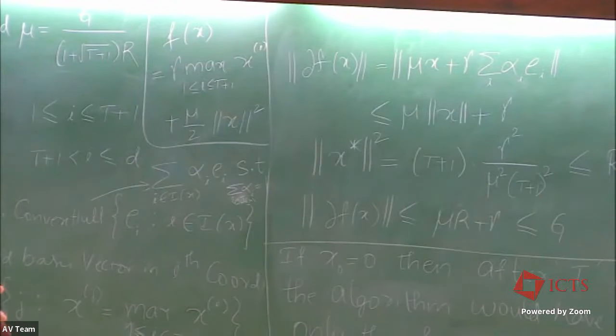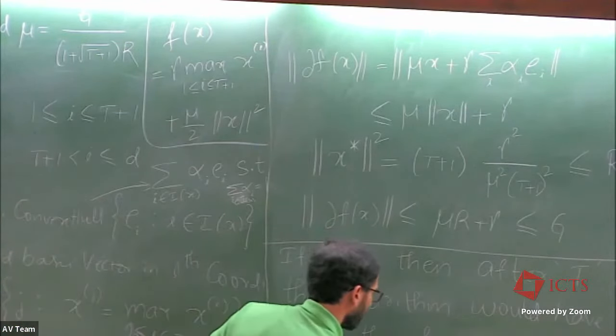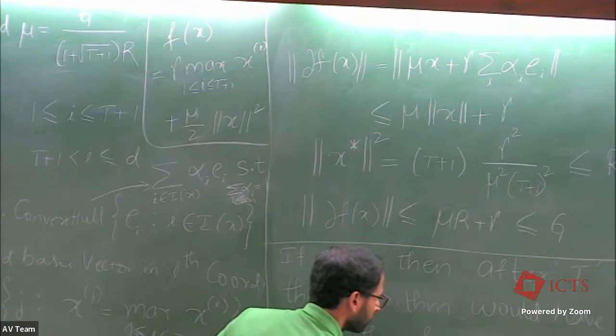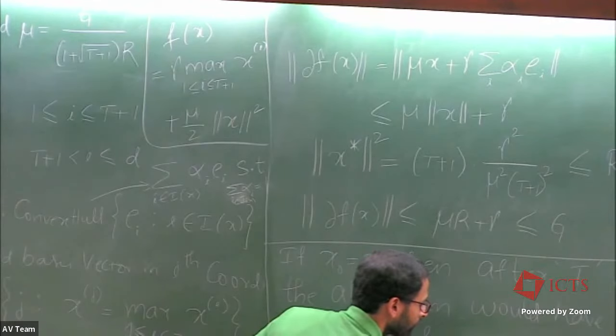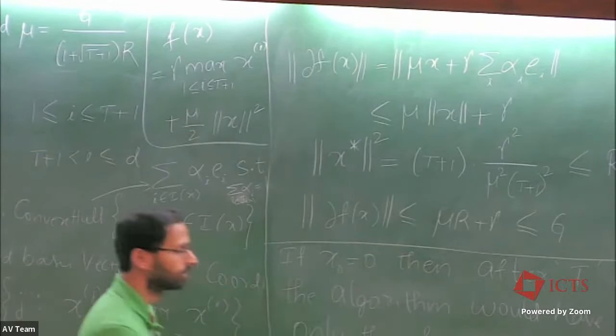Okay, and what this means is that in every iteration the algorithm knows only one new coordinate at a time, and after t iterations it will only know maybe the first t coordinates, at best. So in particular, the t plus 1 coordinate will still be set to 0, meaning that f at x, the tth iteration, is greater than or equal to 0.